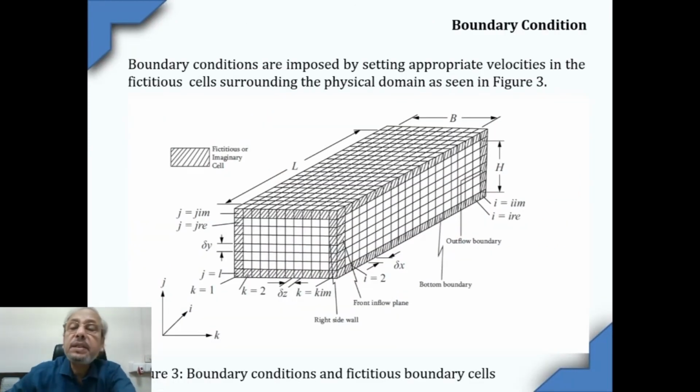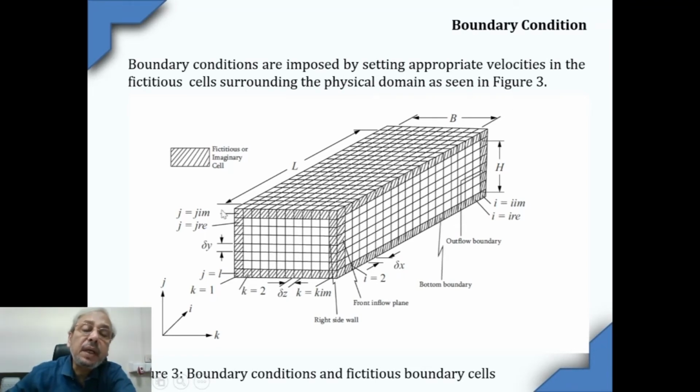Now we will discuss the boundary conditions. Boundary conditions are imposed by setting appropriate velocities in the fictitious cells surrounding the physical domain, as seen in the figure.